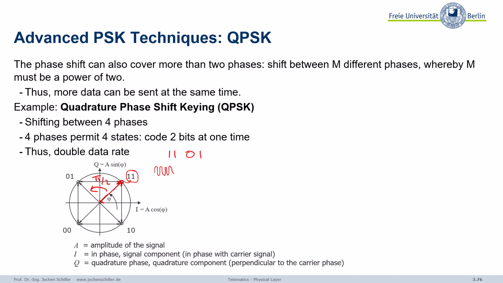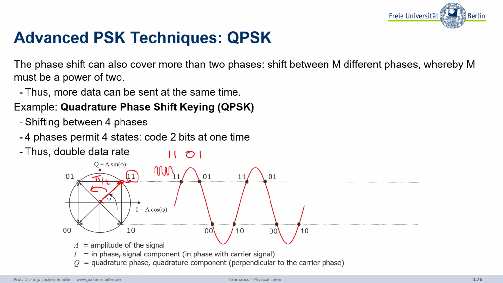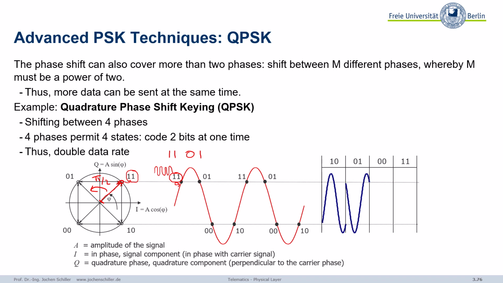So in this way of describing it, the vector has a certain angle, and a phase shift is actually that we let the vector rotate in this plane. So in the end, we see this sine wave, and we can code our bits now at certain points of the sine wave, and then we concatenate these fractions of our wave.